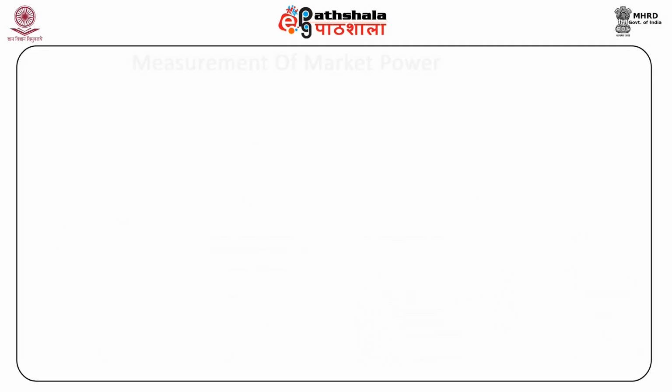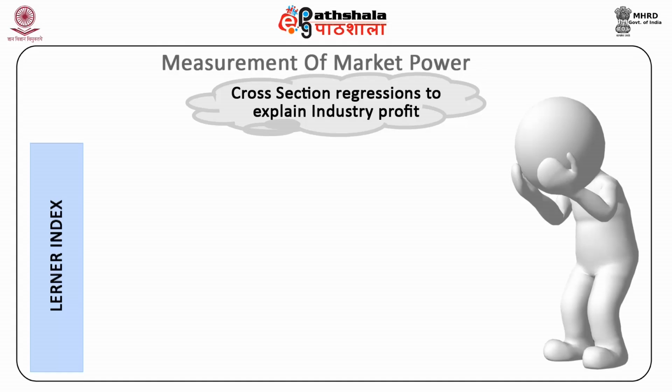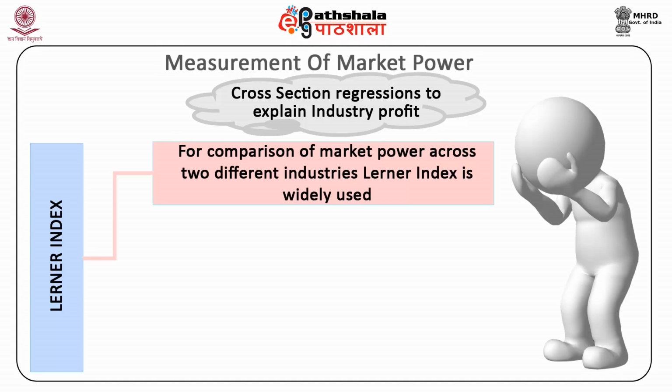Next, we will discuss measurement of market power. There are various methodologies that are used to measure market power. First is cross-section regressions to explain industry profit rates. Within this, various ratios and indexes are used. First is Lerner index. For comparison of market power across two different industries, Lerner index is widely used.